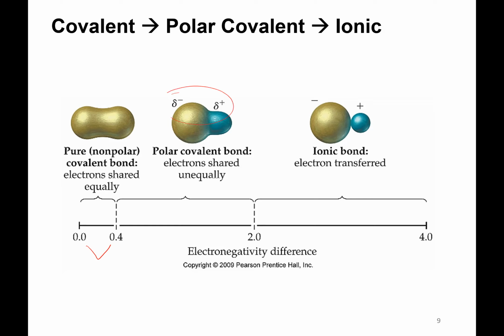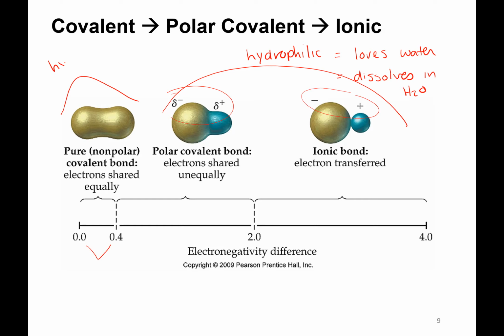These are hydrophilic. Anything with a partial charge or a full charge means it loves water, which really means it dissolves in water. When you have something that's nonpolar, it's called hydrophobic, which literally means water fearing.